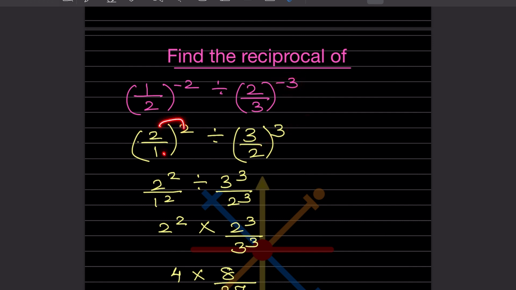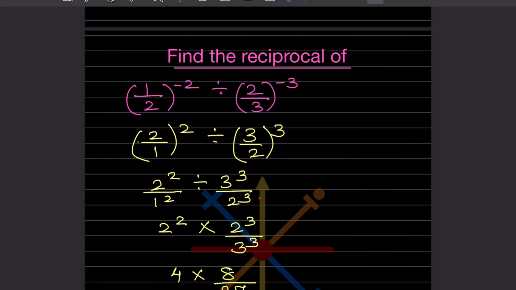Now we can do it like this: 2 raised to 2 divided by 1 raised to 2, division as it is, 3 raised to 3 divided by 2 raised to 3. Here 1 is going to be 1 itself, so we'll write 2 by 2. This division becomes multiplication, so this will get flipped over, that is, this will be the reciprocal.